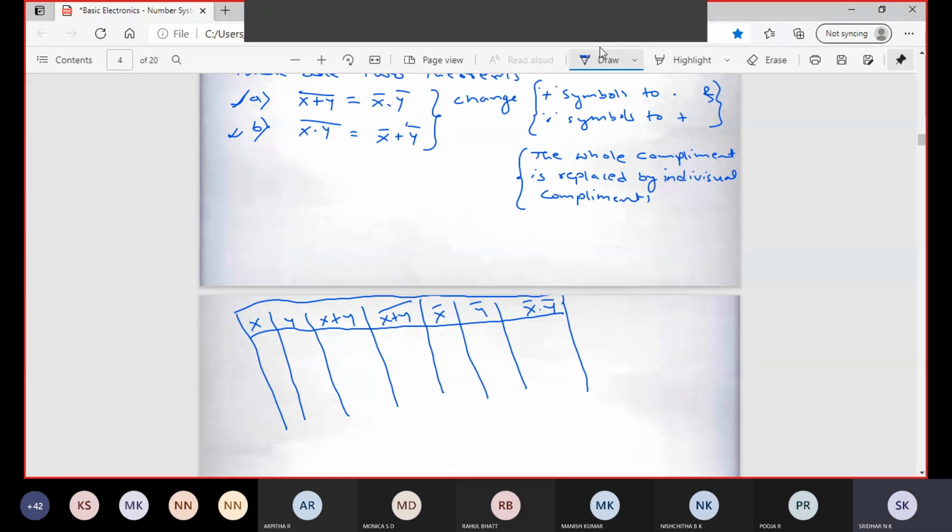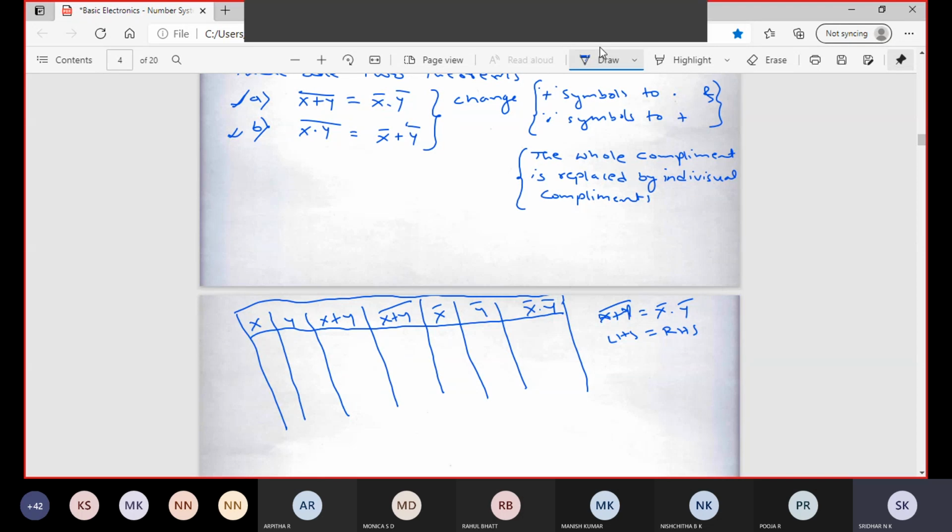Right. So I'll write here which we are proving: x plus y whole bar is equal to x bar dot y bar. This is what we are proving. What we need to prove, LHS is equal to RHS. How to prove? With the truth table. Say for example, there are two variables.